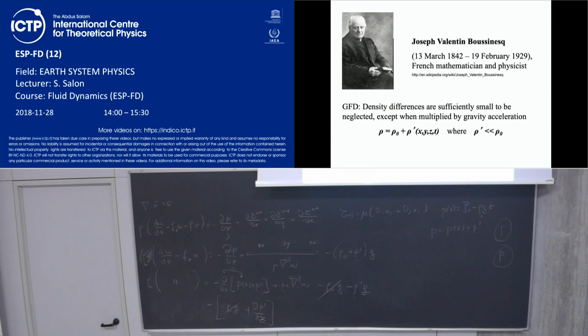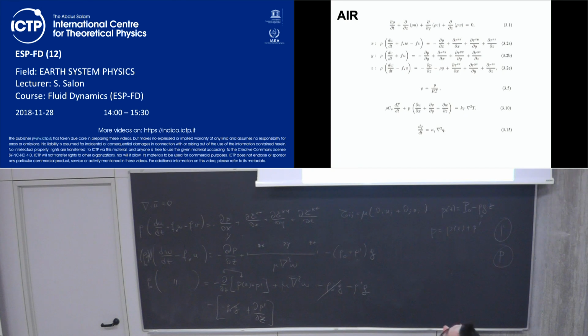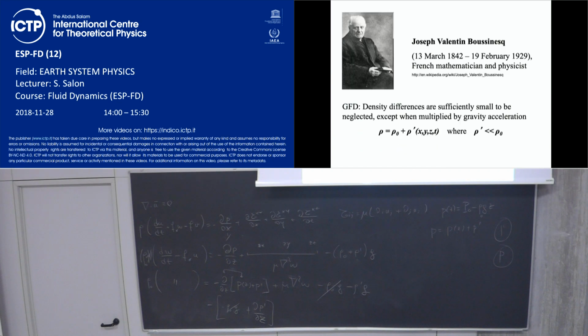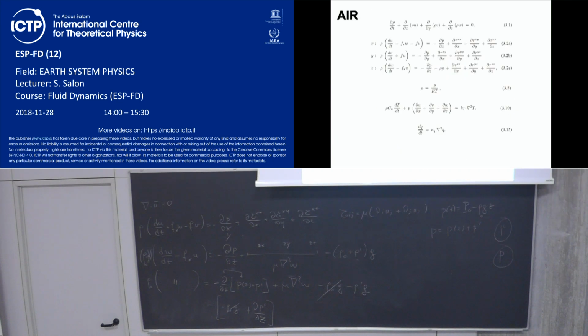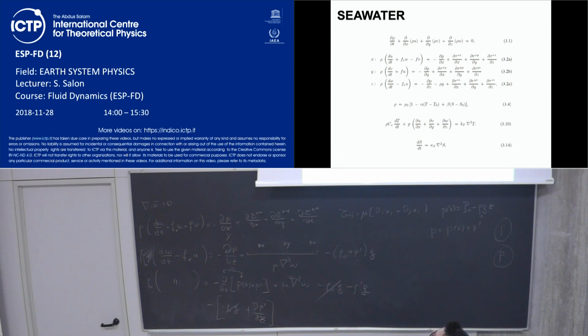Well, we can do something similar also for the energy equation, which we can also look at here. Energy equation, both for air and for seawater: you see that we have the term related to the divergence of the fluid.